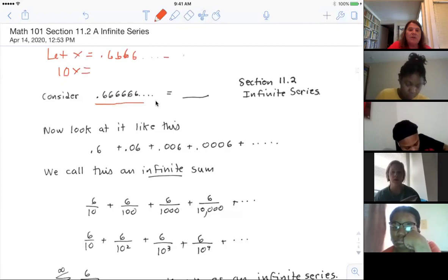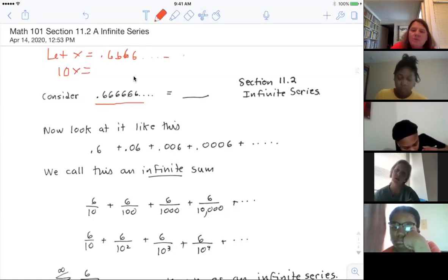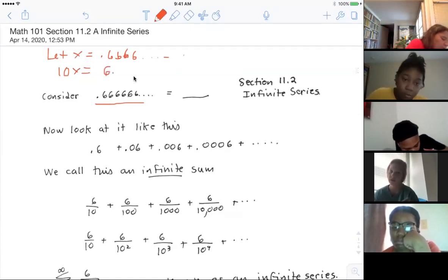What would 10x be if x was 0.6666? 6.666. Well, what does multiplying by 10 do? Which way does it move the decimal? Right. It moves it right. So 10x would be 6.666 and so on.